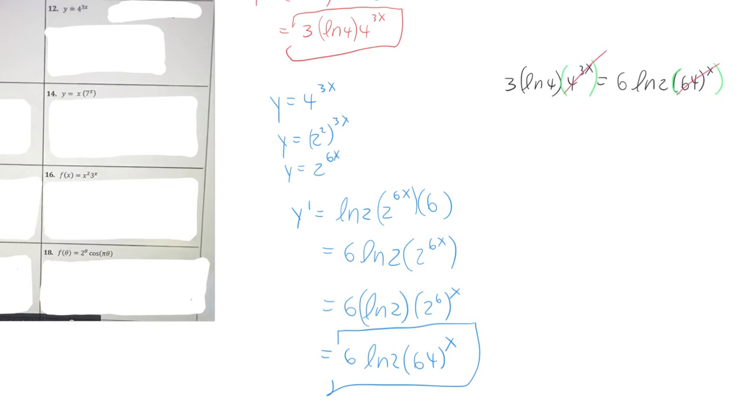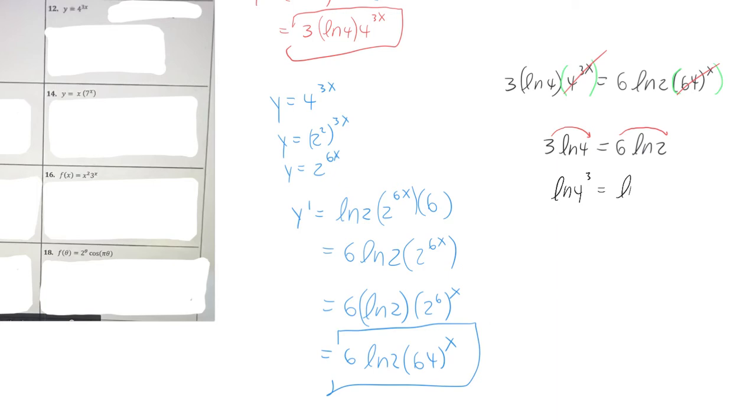So now the real question is, is it the case that 3 times ln of 4 is equal to 6 times ln of 2? That's a little bit trickier, it's kind of weird looking. Well, hopefully my student remembers that you could always put that coefficient as the exponent. So what that results in is on the left, ln of 4 raised to the third, because you could do that with logs.